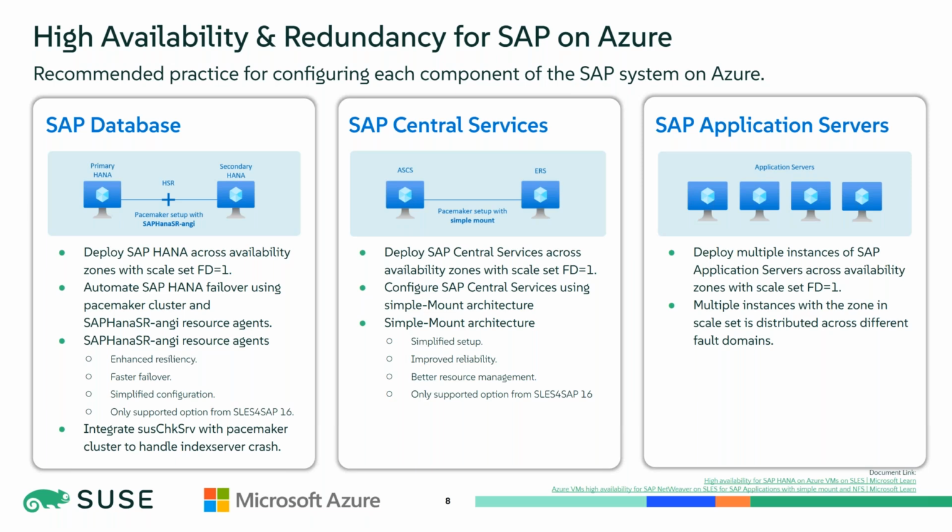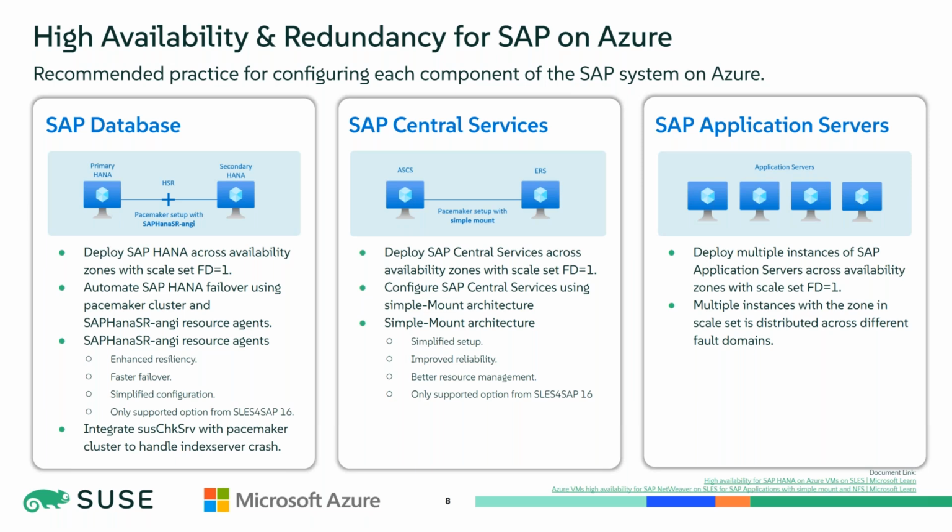And faster failover: in scenarios where you are using an NFS file system for HANA and you are monitoring this file system, in cases like file system failure or unresponsive HANA instances, the SAP HANA SRNG resource agent will make a quicker failover for both scale up and scale out.